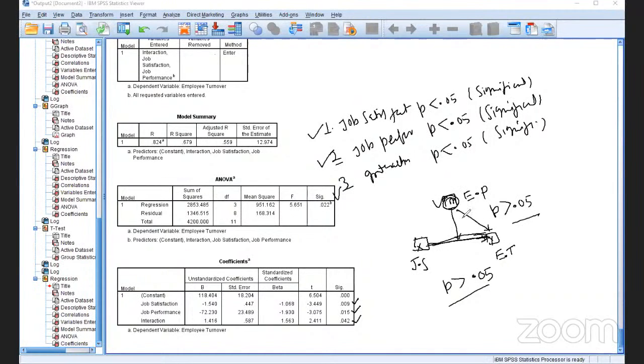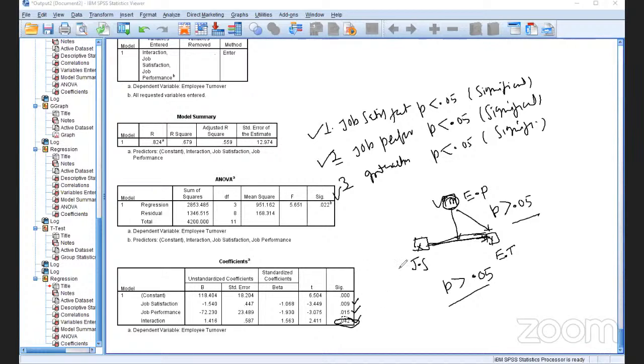Earlier it was not significant, but including the moderation and this independent variable, the relationship between job performance and employee turnover is significant. And the interaction term being significant means the moderator variable is working, because the p value is less than 0.05.